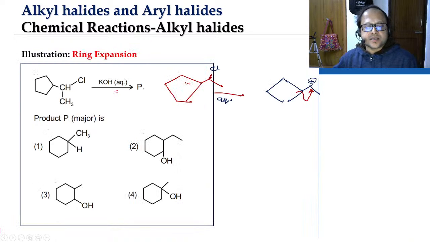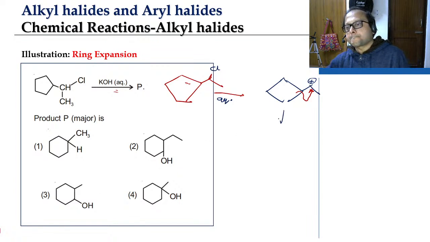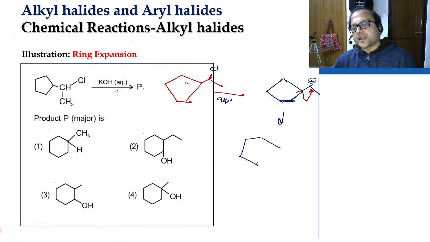This is the way I've discussed, right? So if this happens, your ring will expand. Right now it is a 5-membered ring. From there, when it expands, it will become your 6-membered ring.